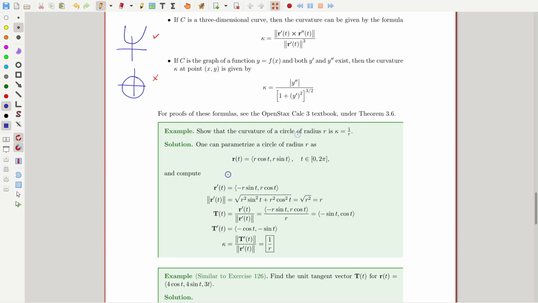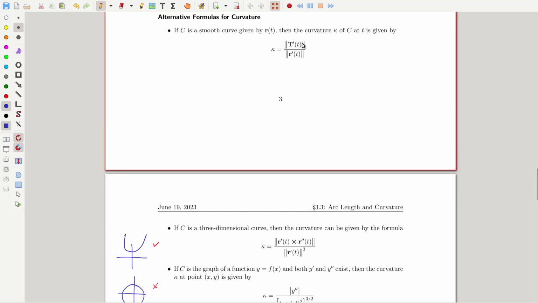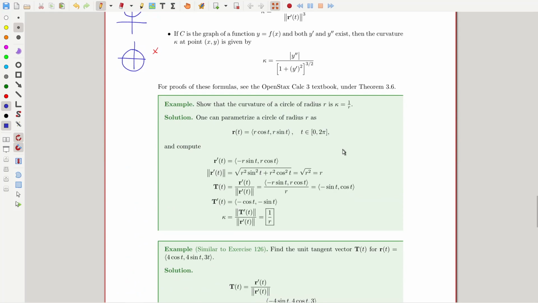How do we derive this? The way I worked through it is I use the first alternative formula that I've listed. It's a fairly straightforward calculation, maybe a bit tedious. You take the derivative with respect to time.